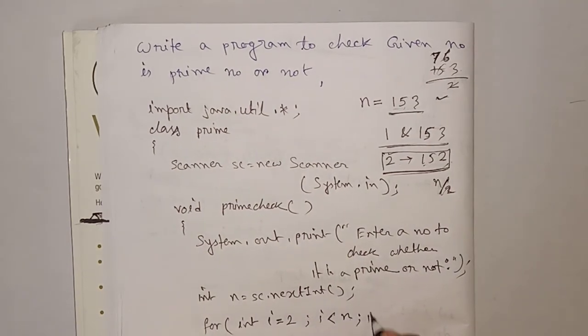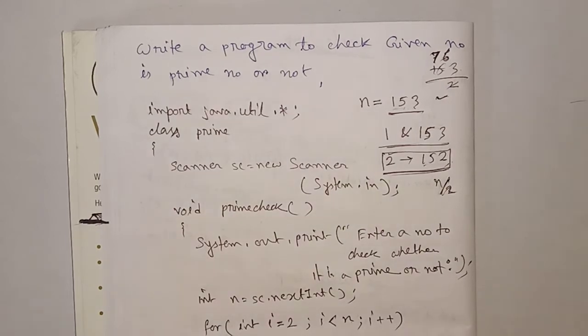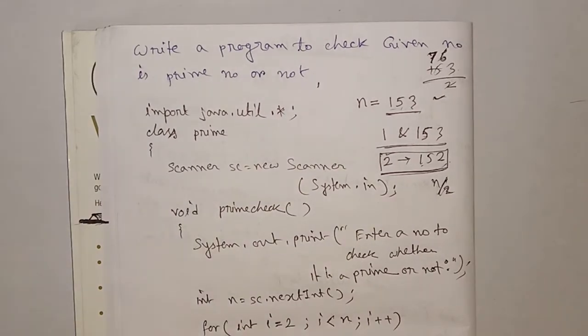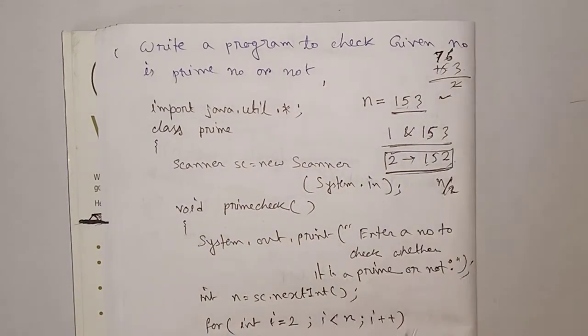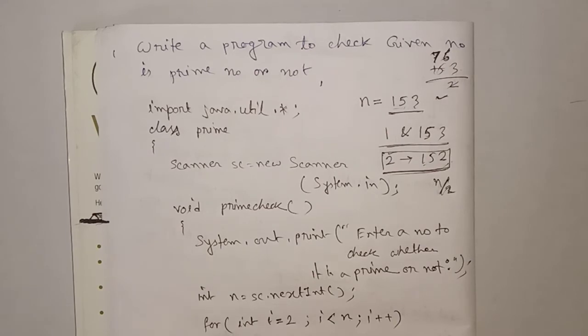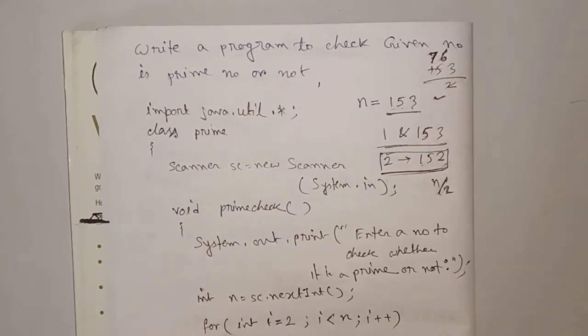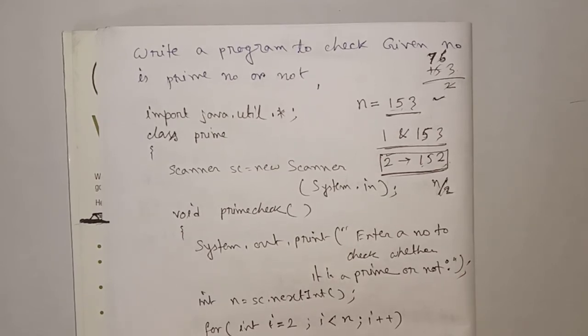Now i plus plus. Next I'm checking whether i can divide n or not. So I'm writing if n mod i is equal to 0.